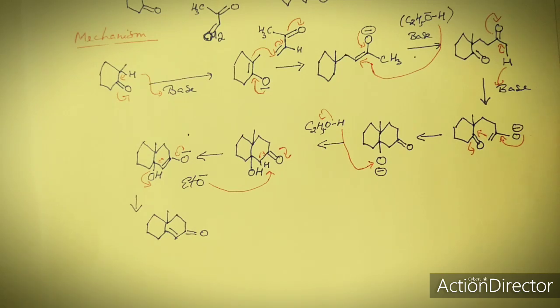And we saw what 1,2 addition is. The direct addition on carbonyl is the 1,2 addition, whereas the addition on alpha-beta unsaturated carbonyls or alpha-beta unsaturated compounds with an electron withdrawing group is known as a 1,4 addition, for which we do not require a strong base, but we require a soft or a weak base.